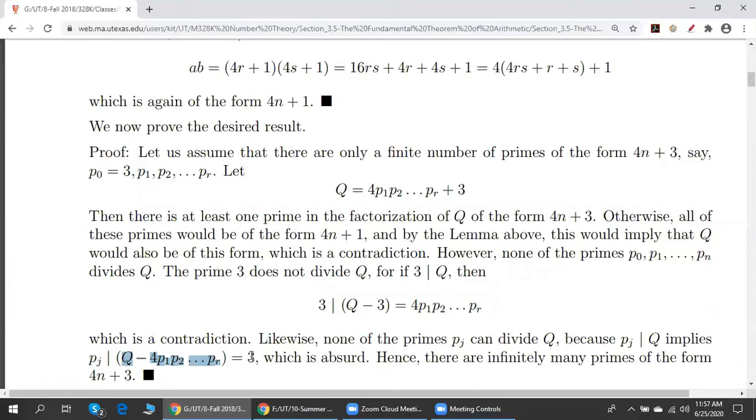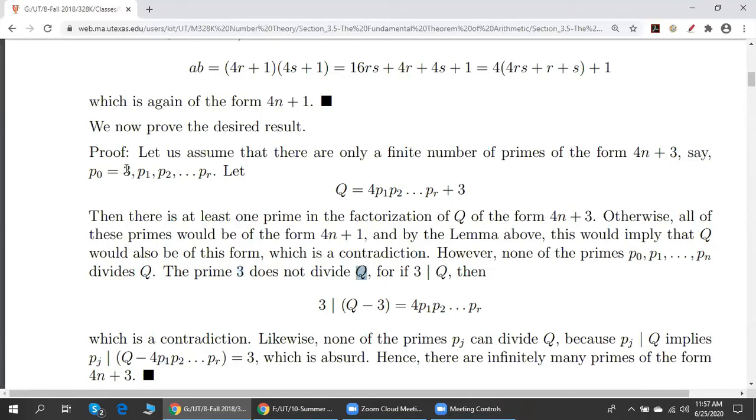But this expression is equal to 3. We get a contradiction. pj is bigger than 3 and pj divides 3. So if Q is divisible by one of these primes, we get a contradiction.